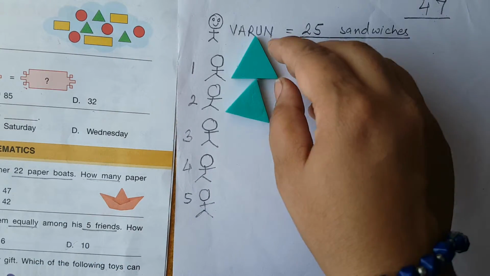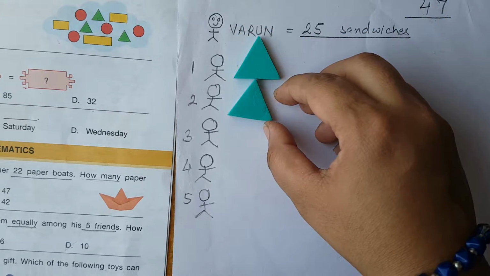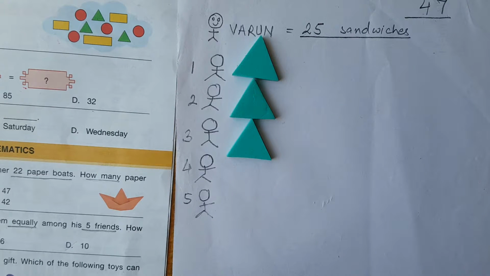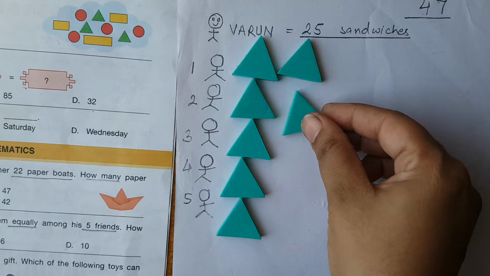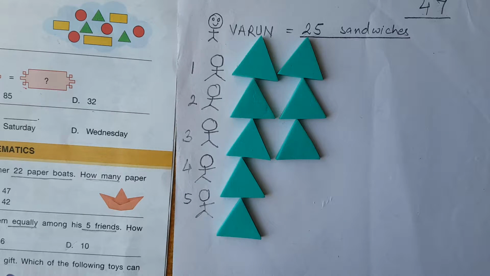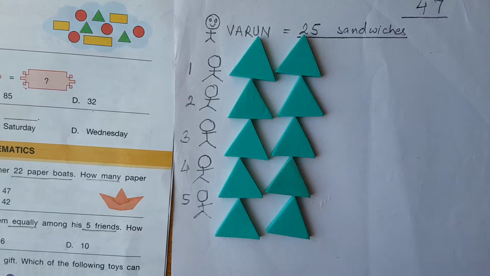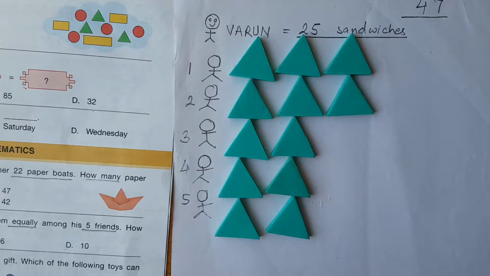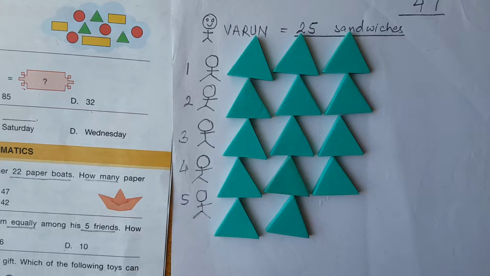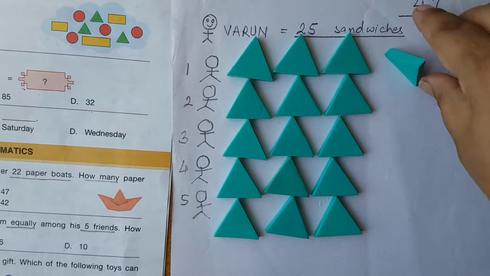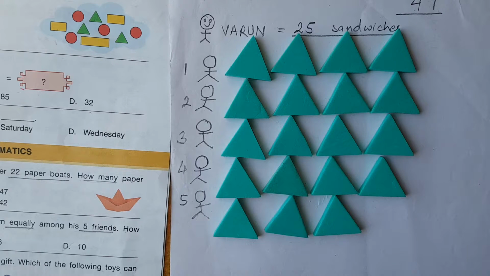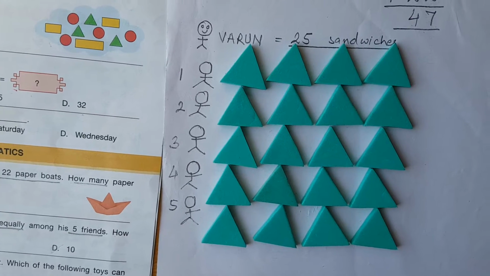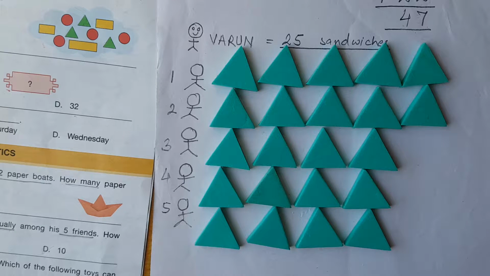First I will give one sandwich to all, and we will count: 1, 2, 3, 4, 5, 6, 7, 8, 9, 10, 11, 12, 13, 14, 15, 16, 17, 18, 19, 20, 21, 22, 23, 24 and 25.